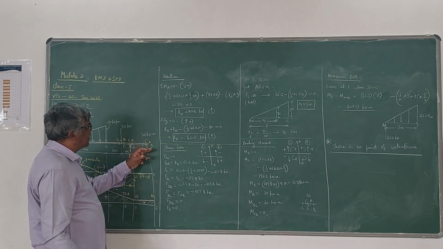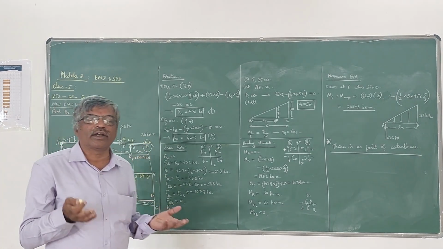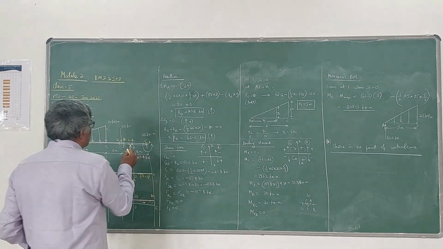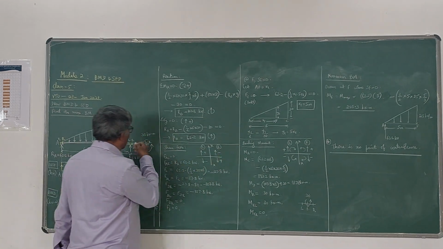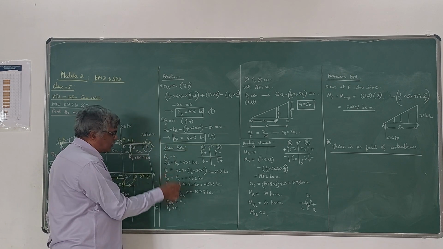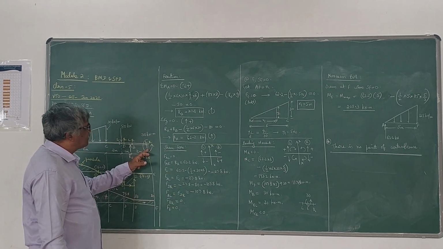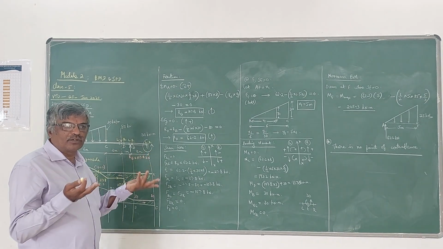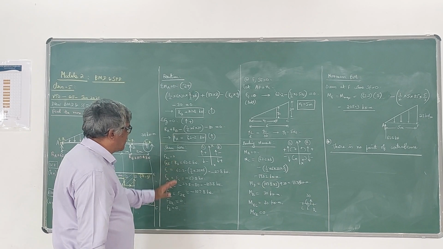No force is there, only a moment is there. A moment you should not consider when you are calculating the shear force. Therefore, if you are seeing to the right side of B, there is no force here, only a moment is present. Therefore, the shear force is 0. And when you come to this E, FE, at E also there is no force. Therefore, it is 0. So these are the values of shear forces.